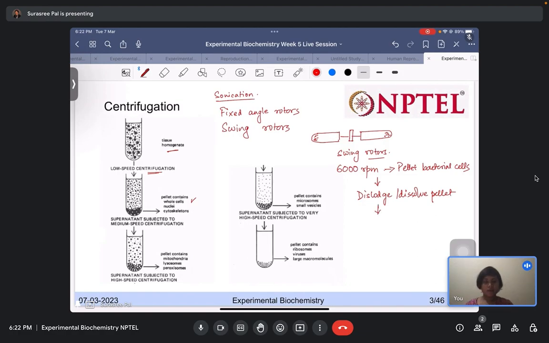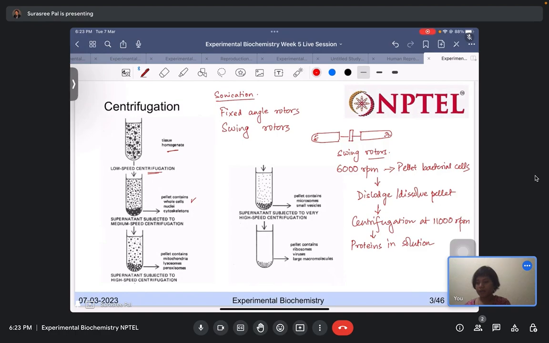Next, after dissolving the pellet, we again allow it for centrifugation at 11,000 rpm. So this is high speed centrifugation. At 11,000 rpm, what will happen? The proteins will come in the solution and the cell debris will be in the pellet, right? So this is the first step of protein purification.